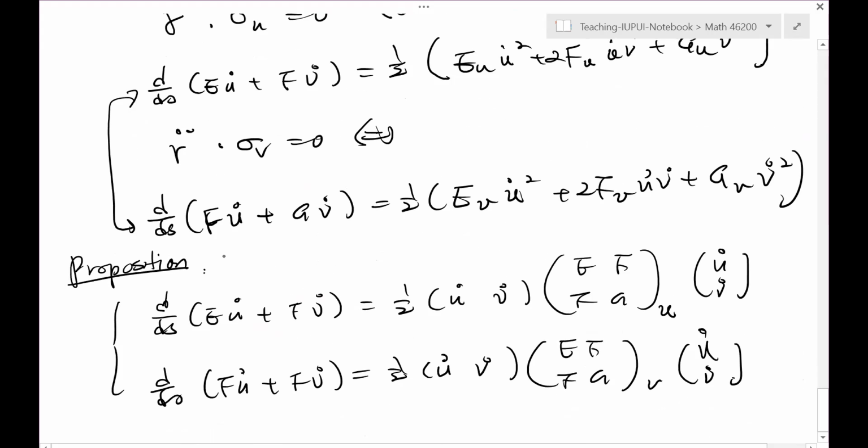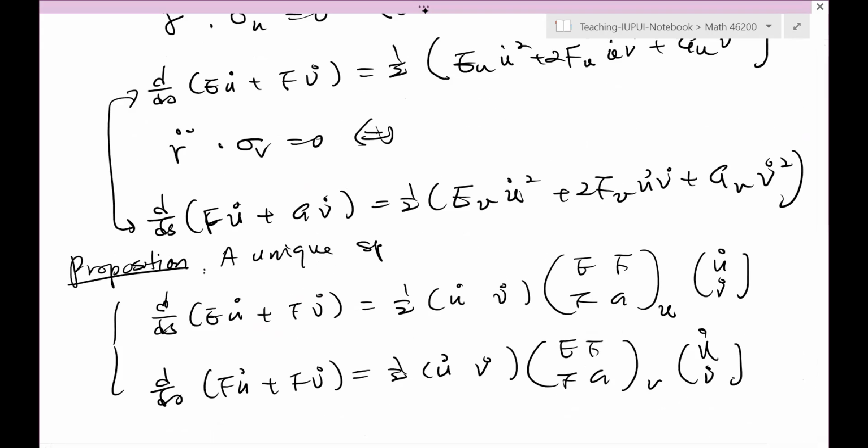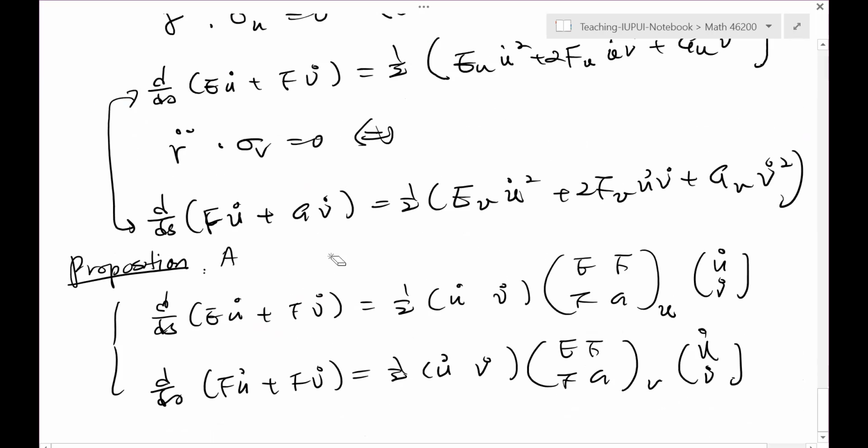A unit speed curve is a geodesic if and only if it is satisfied by the following two equations.